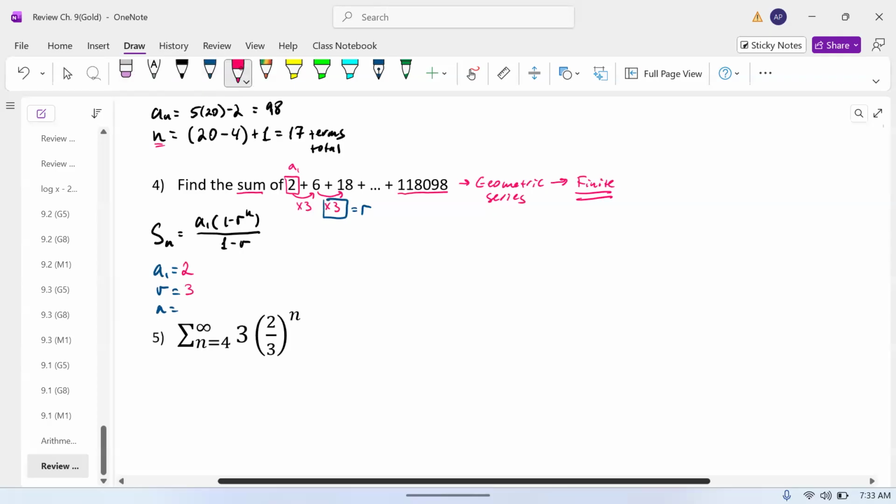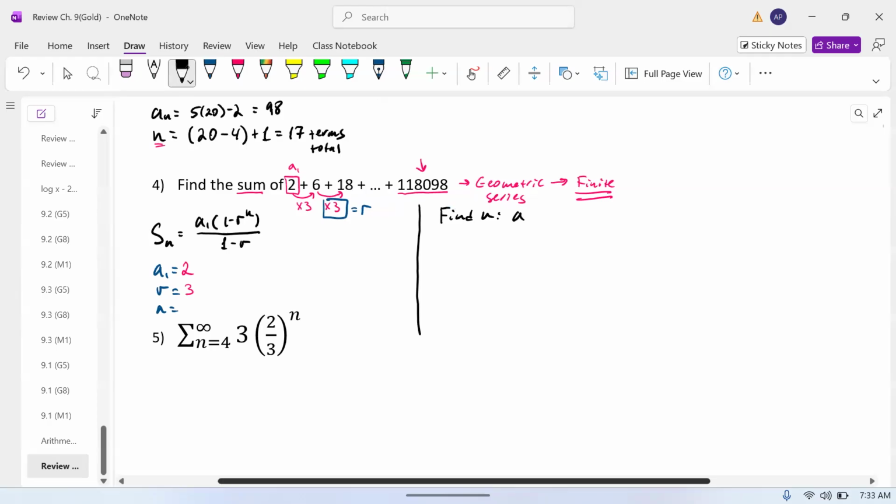Now n is how many terms we have, and once again, we do not know the number of this very last term. We have no idea what it is. We can try to continue the pattern, but we would have to go all the way to 118,098, so that's probably going to take a while. So we have to find our n.